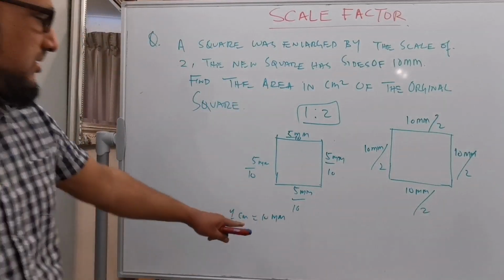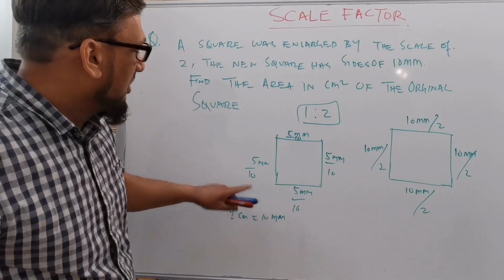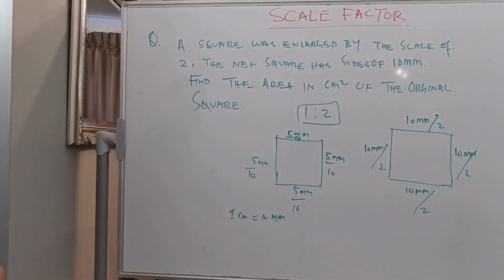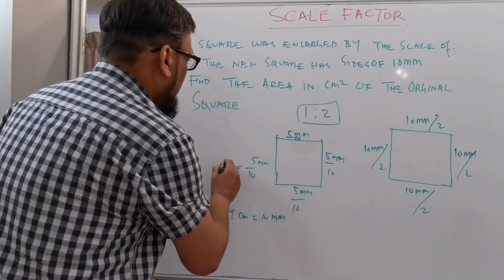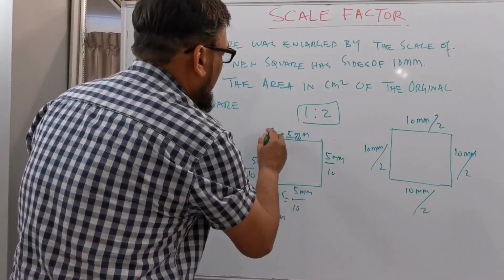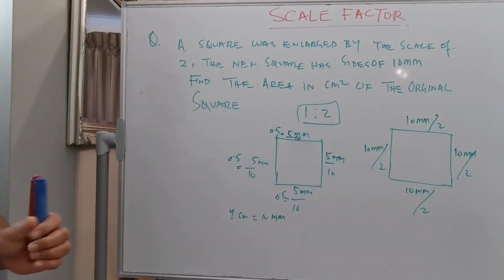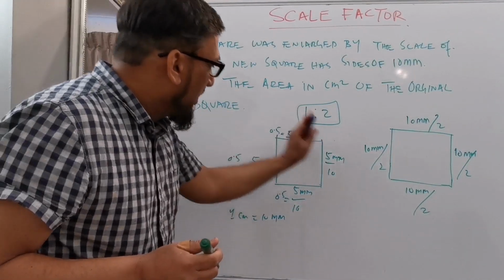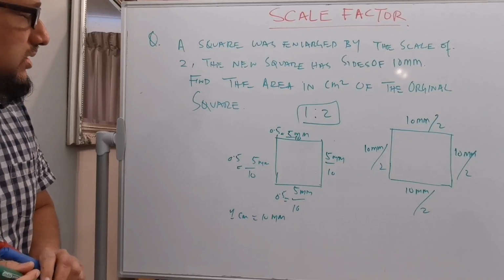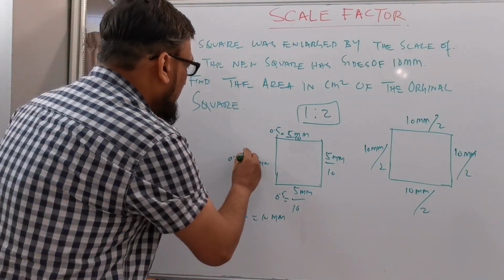So this is 0.5, 0.5, 0.5. So the original square side is 0.5 centimeter.